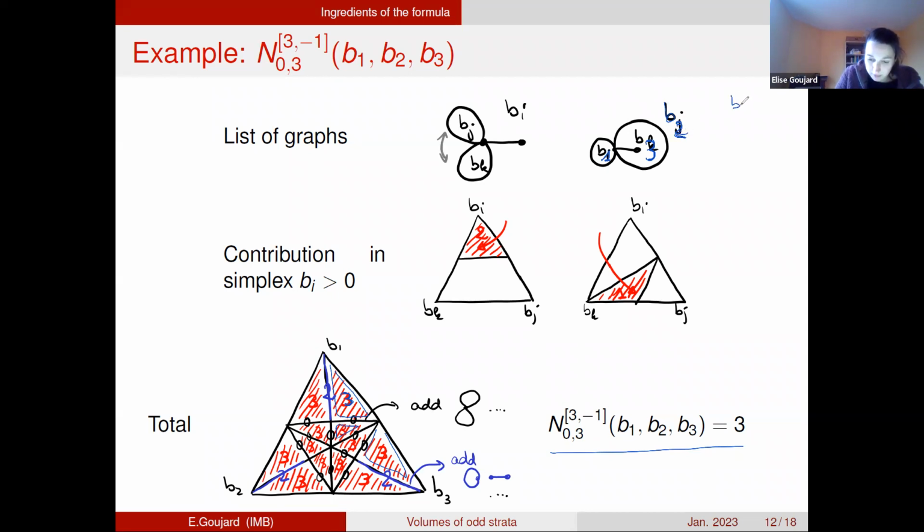In that case, if you look at the limit where B1 equals B2, it means that this edge has length going to 0.